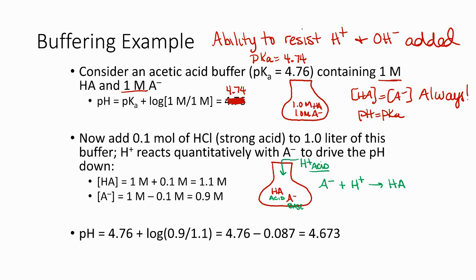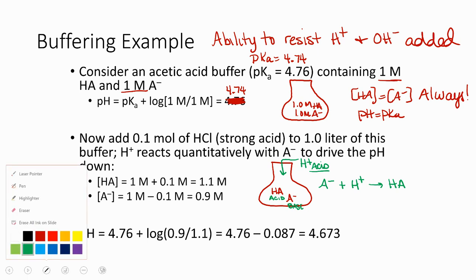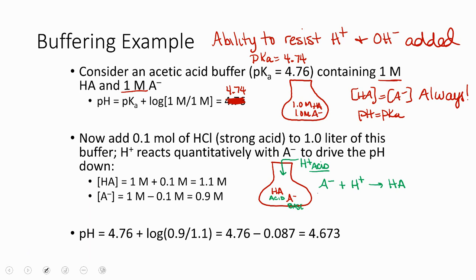Okay, let me show you this with some math. It just is there to help you. Initially, we started off with 1 molar of each of these. And if it's 1 liter and it's 1 molar, then this would be 1 mole of each.